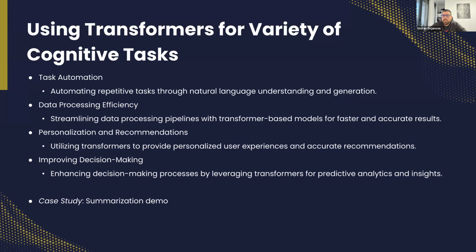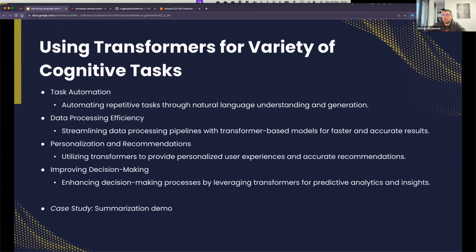Transformers enable us to provide personalized user experiences and accurate recommendations, contributing significantly to decision-making processes in different domains. So now we can go to the showcase and go through 2 examples to illustrate how transformer-based models can help us optimize our workloads, and how we can get better performance and see that in a benchmark.